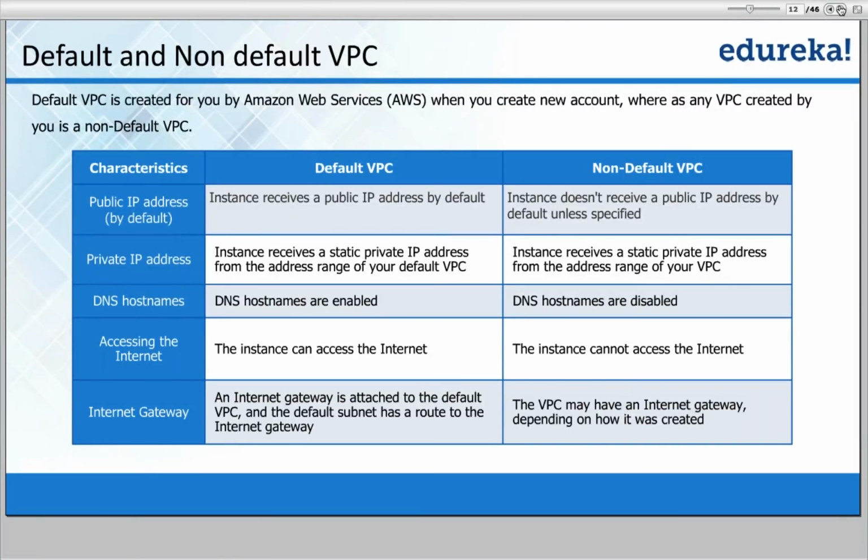It looks like the reason AWS has created this default VPC is to make it easy for people to get started with using AWS. When you want to launch an EC2 instance, you may need a VPC, so there should be something readily available in which you can launch your EC2 instances.